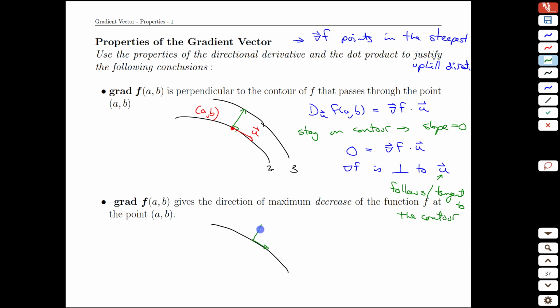Another property that is handy and has the same kind of flavor as these is knowing that going perpendicular to the gradient gives 0 slope, and going in the direction of the gradient is uphill in the steepest direction. Well, if we turn 180 degrees and go down, we're going to find that the negative gradient of f is the steepest downhill direction.